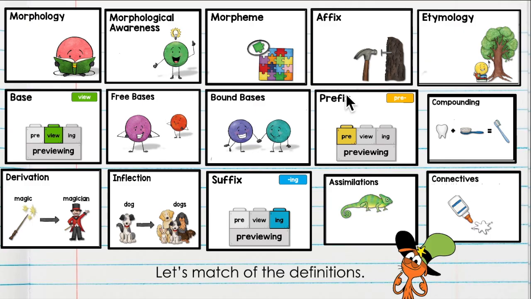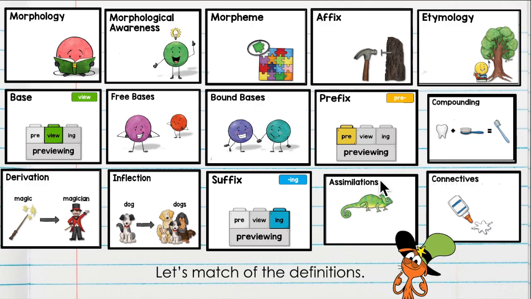Now, I know a lot of you are familiar with a prefix. That is a word part that we add to the beginning. You also have a suffix, which is a word part we add to the end. Now, when we are adding things to the beginning and the end, some strange things happen. We might have an assimilation occur. Assimilation, it looks like a chameleon because chameleons change.